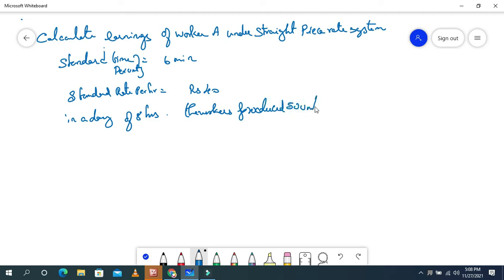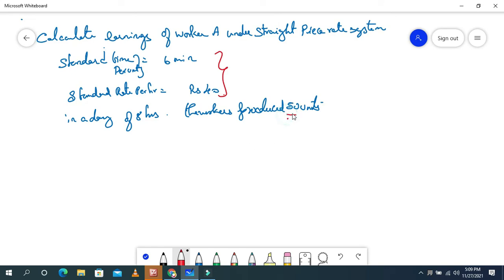50 units. See, here they don't give the rate per unit. They give the standard rate per hour as 40 and standard time per unit as 6 minutes. They mention that in a day of 8 hours they produce 50 units, but they don't give the actual piece rate.